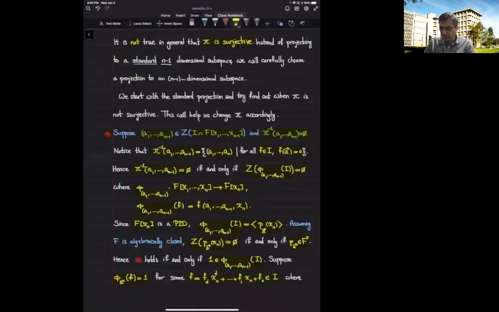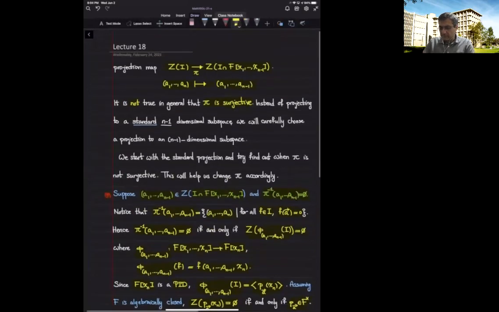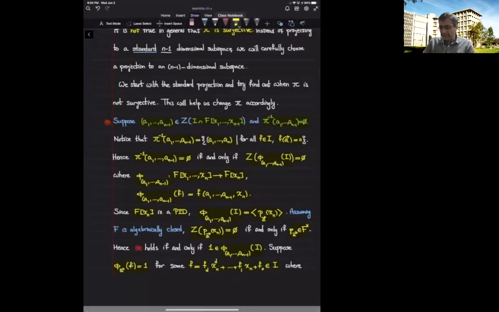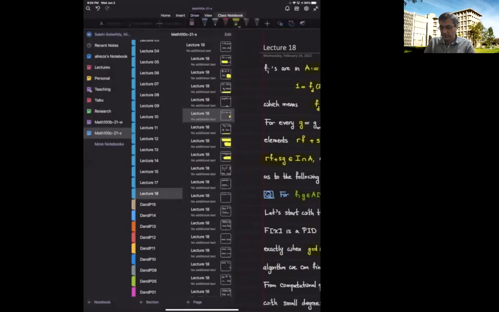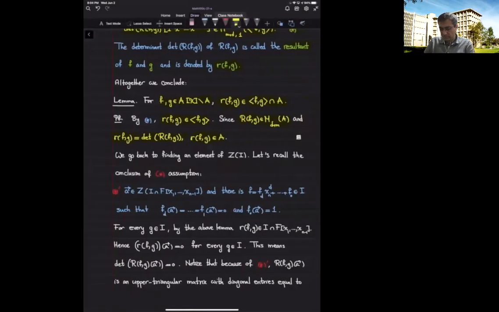Using this assumption that pi from Z of I to the common zeros of I intersected with one less variable is not surjective, we end up finding a polynomial f with these properties: if this polynomial is given like this, and when I evaluate the coefficients, all the coefficients except the constant one are going to go to 0. The constant one is going to go to 1. That is what we showed.